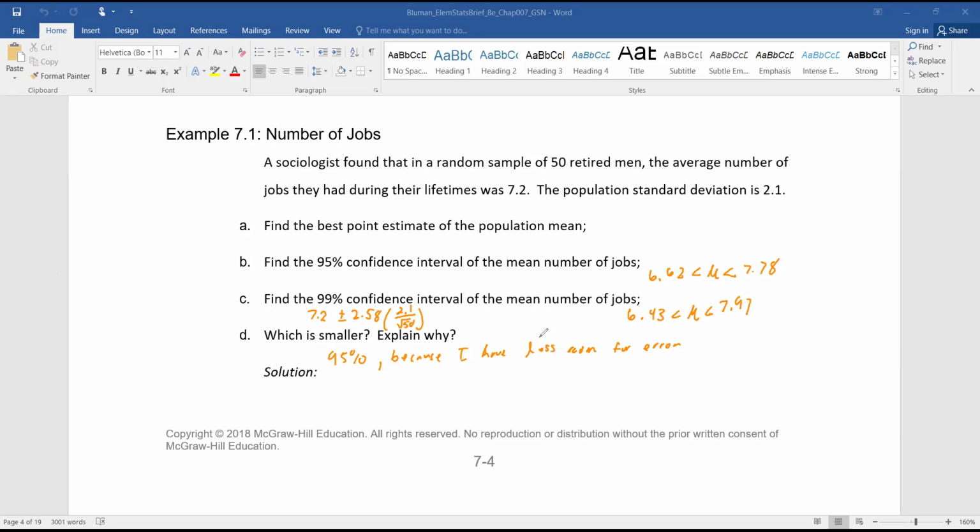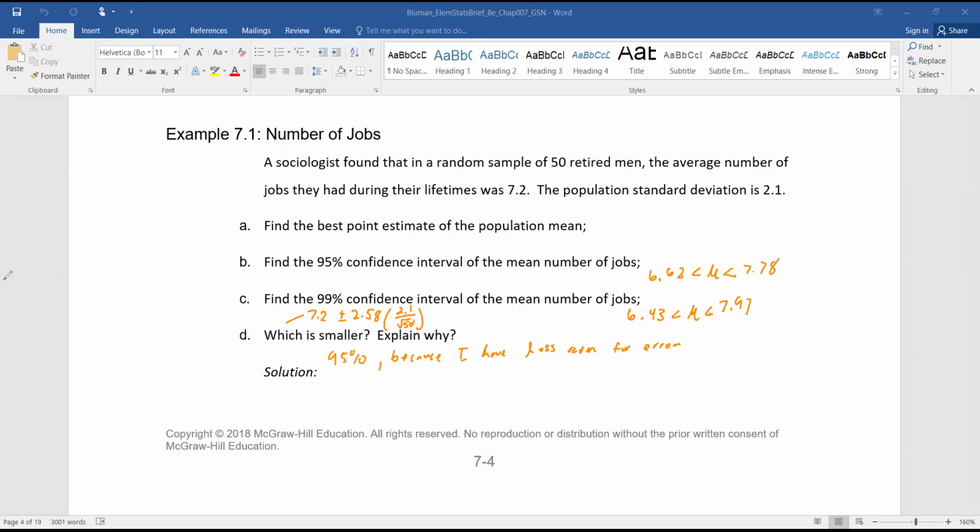If I'm 95% confident, I can squeeze that interval a little bit less. But if I have a larger confidence level, I need more room for error, because again, it could fall outside that and I want to be pretty darn confident. All right. So there you go.